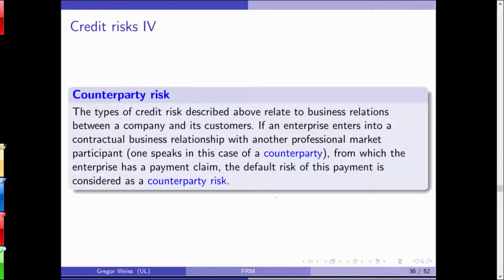And it went like this. A CDS, a credit default swap, works like this. You have a reference unit or reference entity. Let's make it a small example.